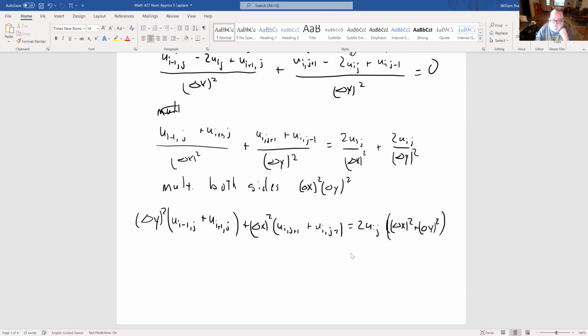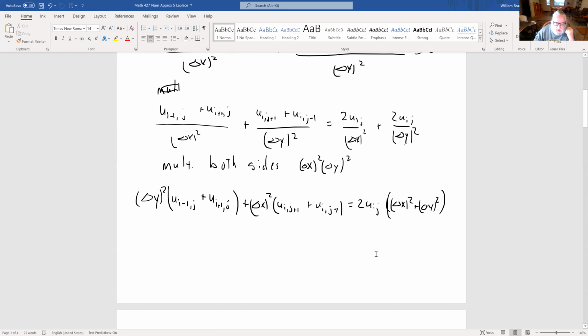That's in bigger parentheses. So when I multiply the right side by delta x squared times delta y squared, this gets canceled out, but it leaves behind a delta y squared, and then I move the delta x squared. We get that.